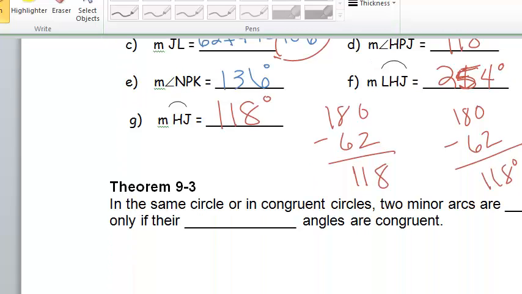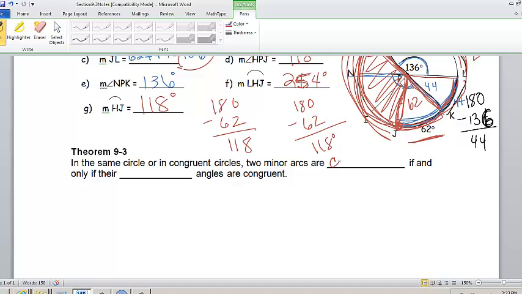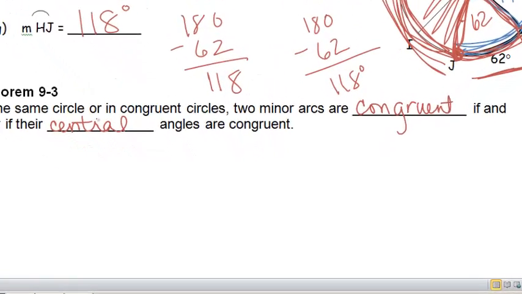Okay, and then the last theorem for this section. In the same circle or congruent circles, two minor arcs are congruent if and only if their central angles are congruent.